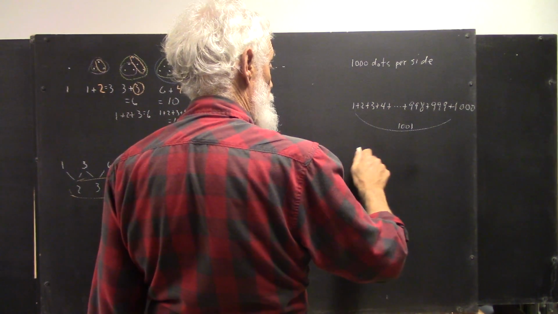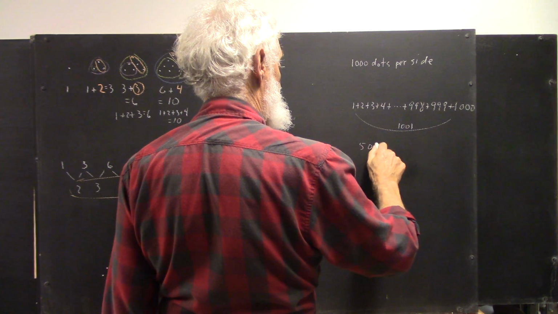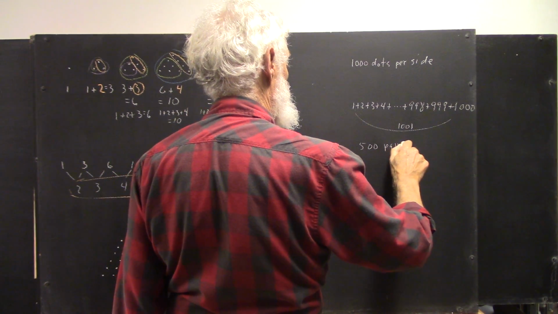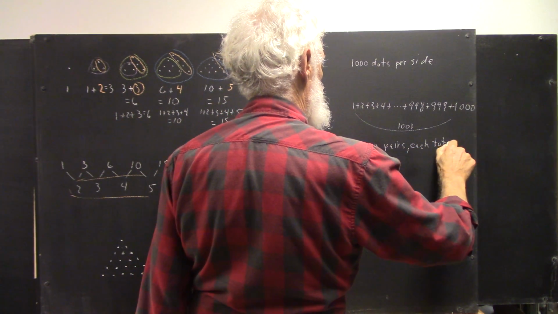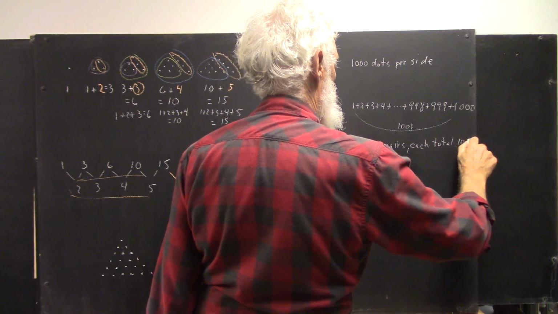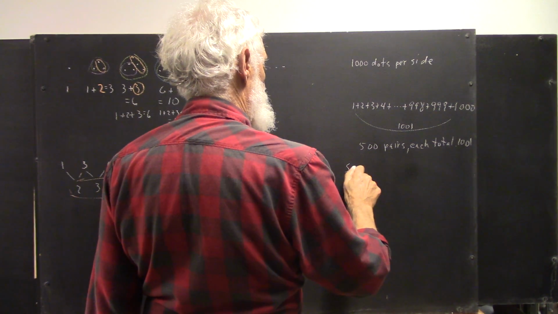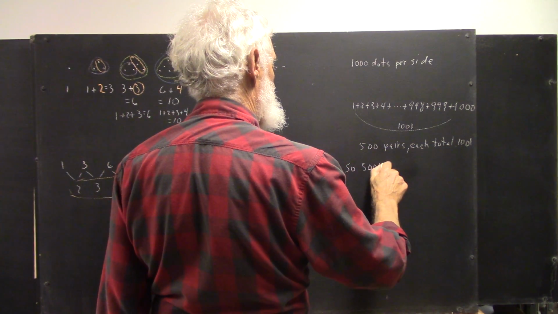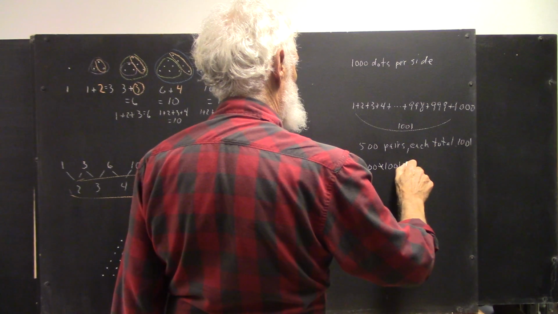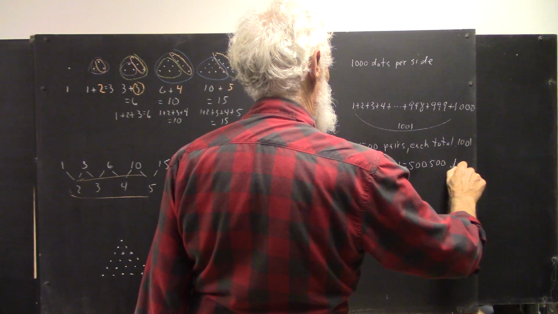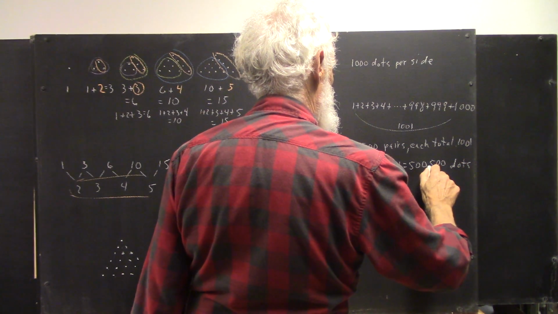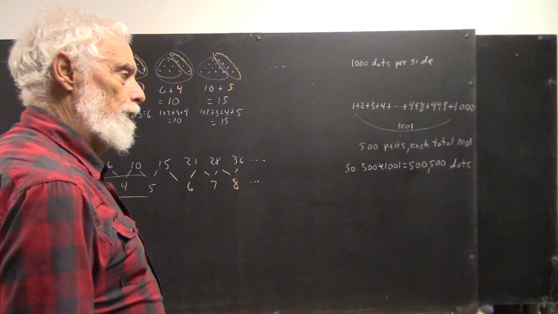And how many pairs? 500. Got 500 pairs, each totaling 1,001. So you have 500 times 1,001, which is 500,500 dots. A little more than 500,000 dots.